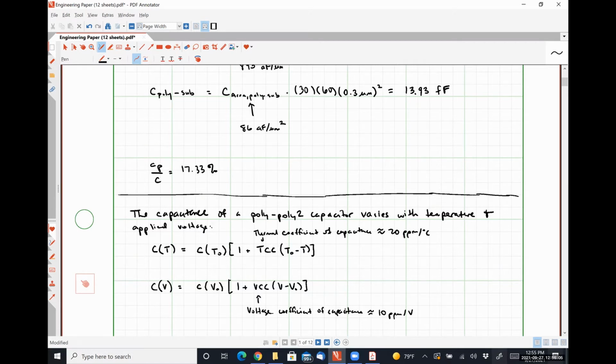So I would argue here that 20 parts per million and roughly 10 parts per million are significantly smaller, which means our poly and poly 2 regions are much more insensitive to variations in both temperature and applied voltage, right?